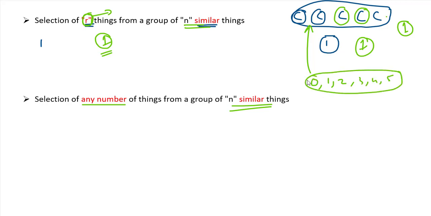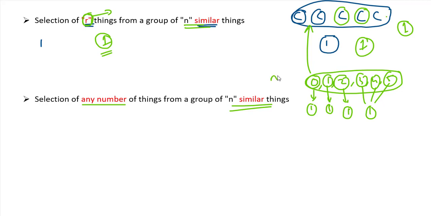For each of these selections, you have just one way. For not selecting any of them, there is one way, that is, you do not select any of them. For selecting only one chocolate, there is again only one way, since all these chocolates are the same. For selecting 2 chocolates, again you pick up any 2, it will be the same. So there is one way. Likewise, for even 3, 4 and 5 chocolates, there is one way for selecting each.